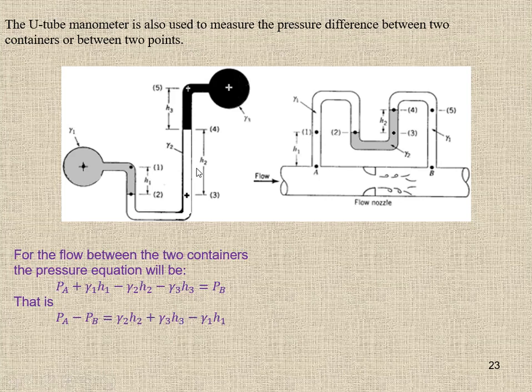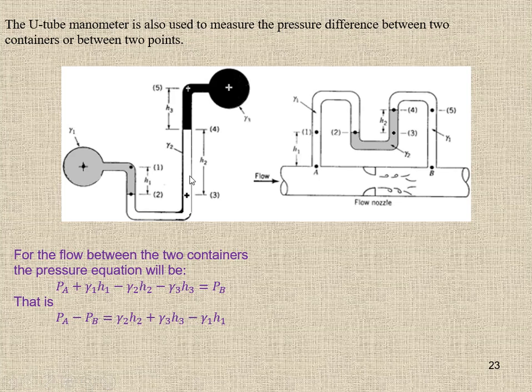The procedure is the same. For the flow between the two containers, the pressure equation is written using the simple procedure that we discussed before. This is container 1, this is container 2, and they are connected with a U-tube manometer, and this white one is the manometric fluid.